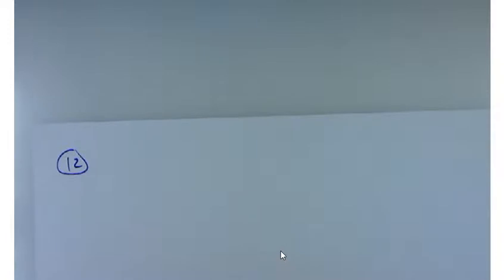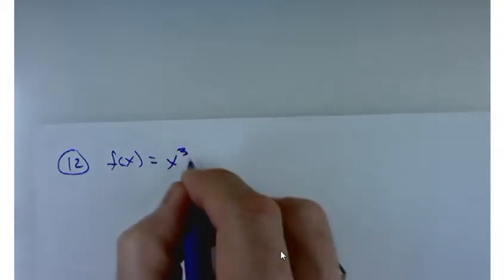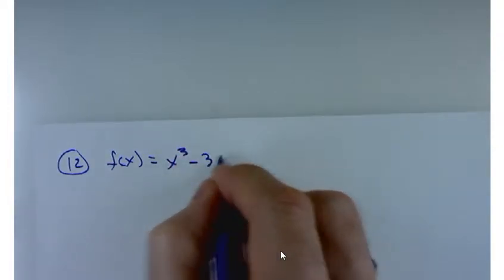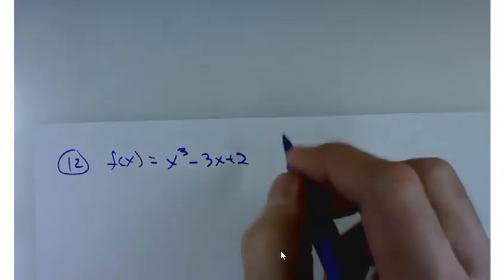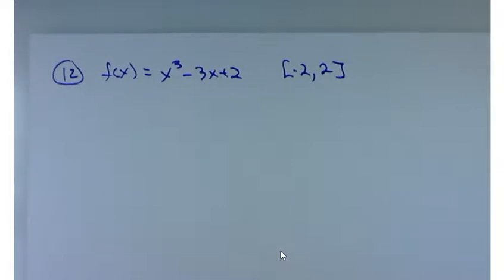So again, we're going to work with a nice polynomial function. F of x is x cubed minus 3x plus 2. And on the interval, excuse me, negative 2 to 2.